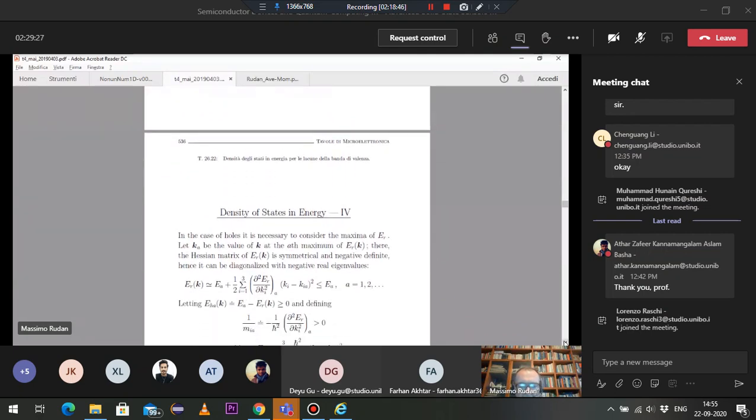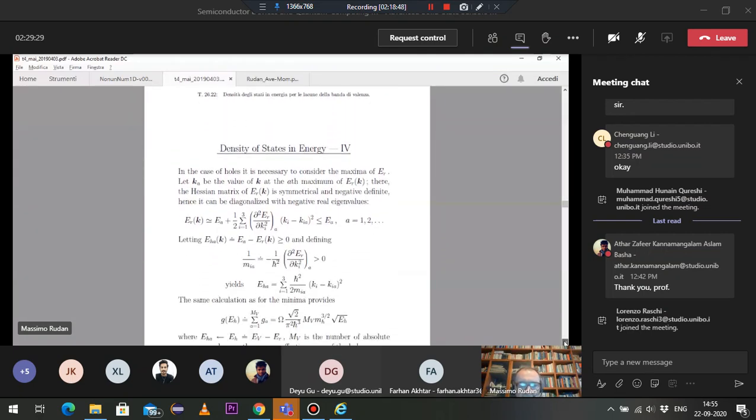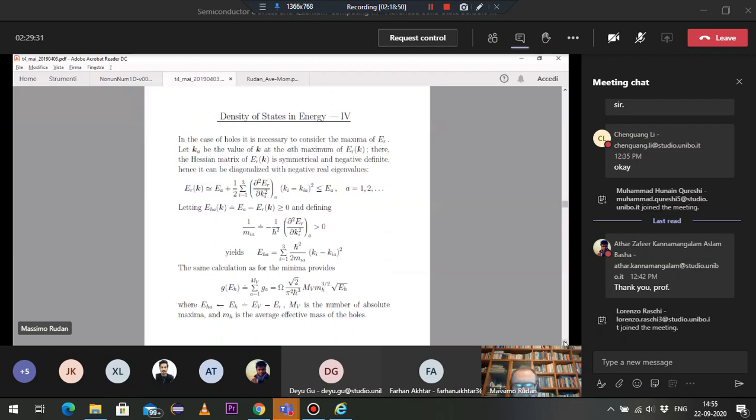Now we must repeat the analysis for the valence band. You remember that in the valence band, in all semiconductors of interest, we have only 2 branches, okay? And these 2 branches are centered in the origin, okay? So in this case, the index A goes from 1 to 2 for the valence band of the semiconductors of interest.